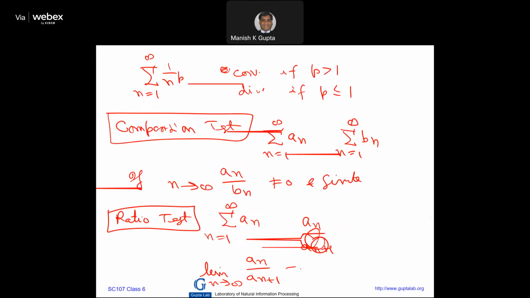If this is greater than 1, convergent; less than 1, divergent; equal to 1, test fails. Ratio test. In many cases of power series, we use the ratio test.